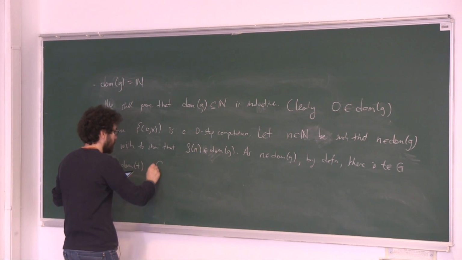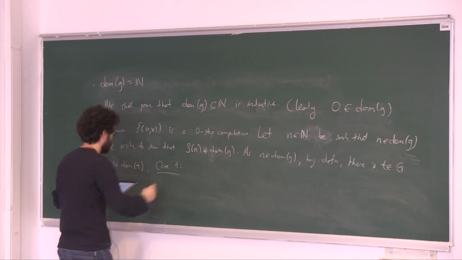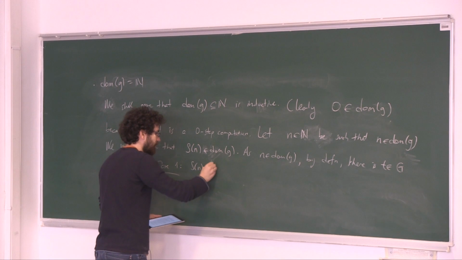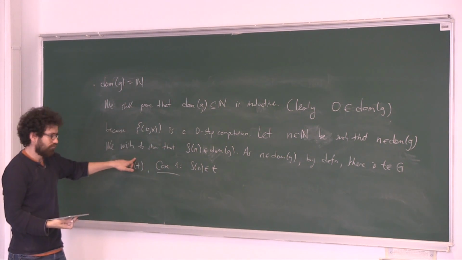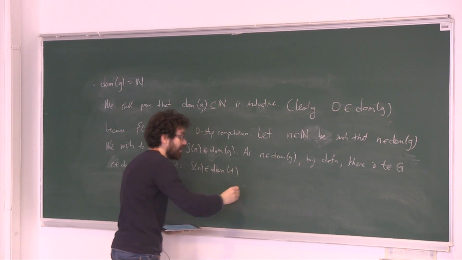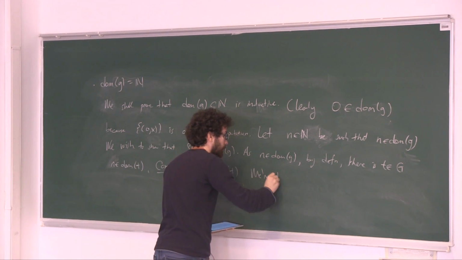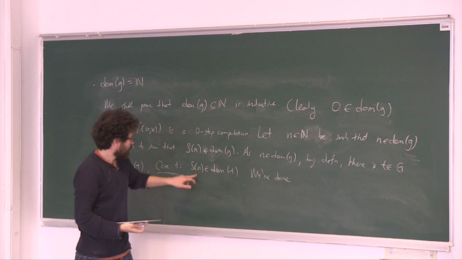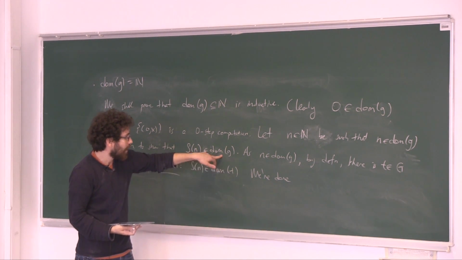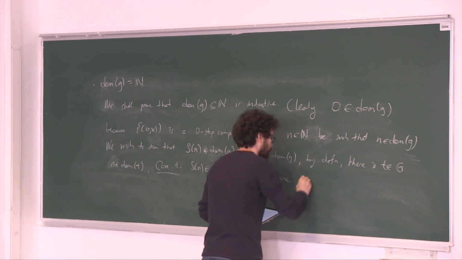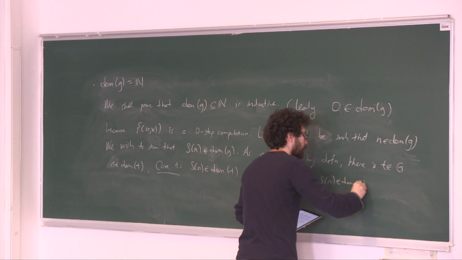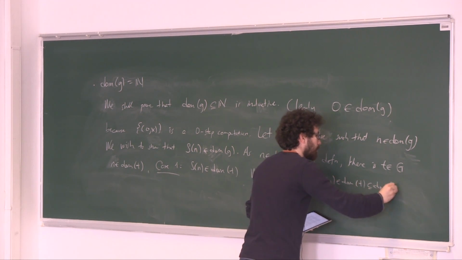Case 1. Now let me look at the successor of n. If the successor of n is in domain of T, then I'm done. Successor of n is in the domain of T, and domain of T is a subset of domain of G. So in this case, we are done.